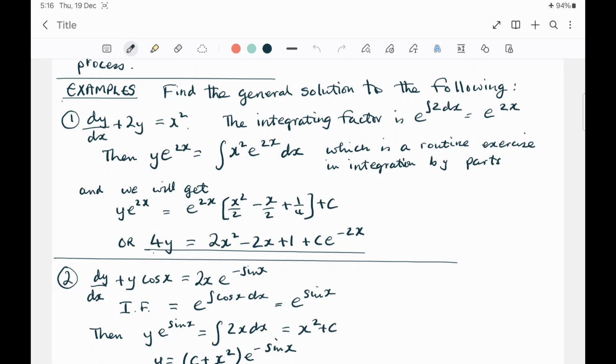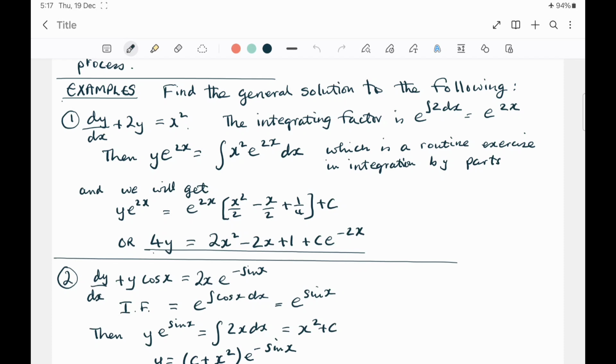It might be a good idea if after the first one you tried to do the rest on your own and then came back and checked your working afterwards. But it doesn't matter. If you want to stick with me for all 5 examples, then that's fine. Okay, so here goes with the first one.